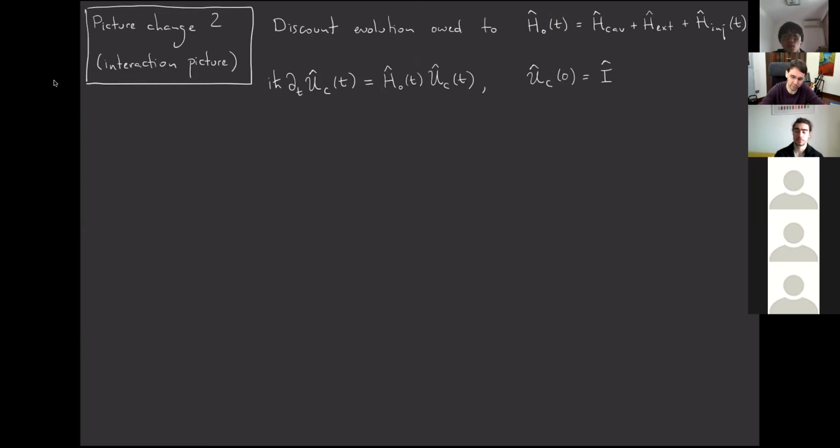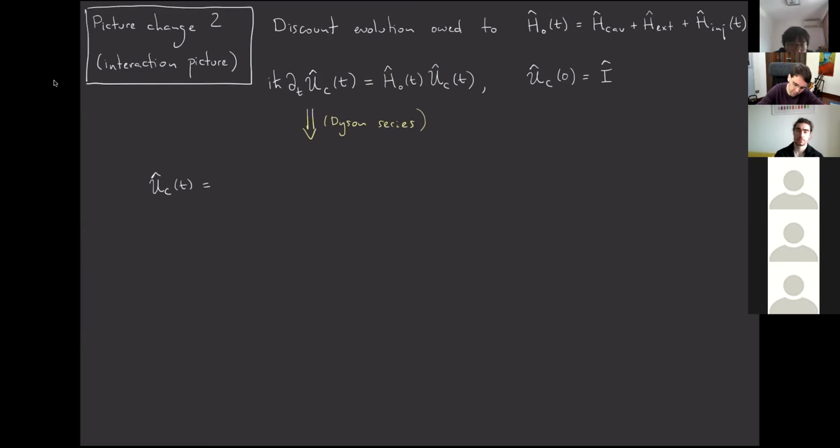But hopefully, at least in your perturbation theory classes in quantum mechanics, I hope that you have seen that for time-dependent Hamiltonians, you can solve this equation for the time evolution operator with something that is called the Dyson series, or the Dyson expansion, and that you can write in a very compact form in terms of time ordering expressions.